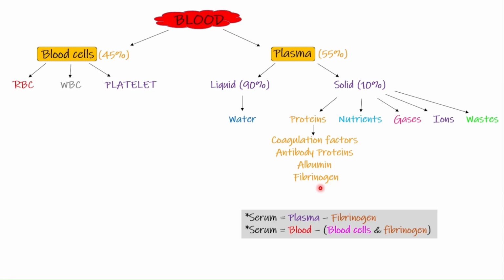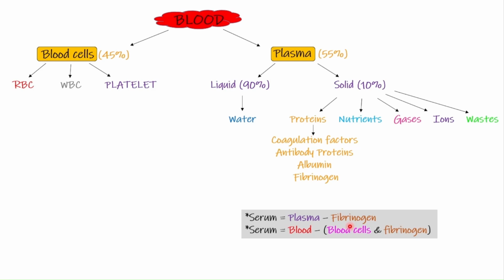So the blood other than the blood clot will be the serum. Okay, so this is serum. Serum is plasma without fibrinogen. Now these were the components of the blood.